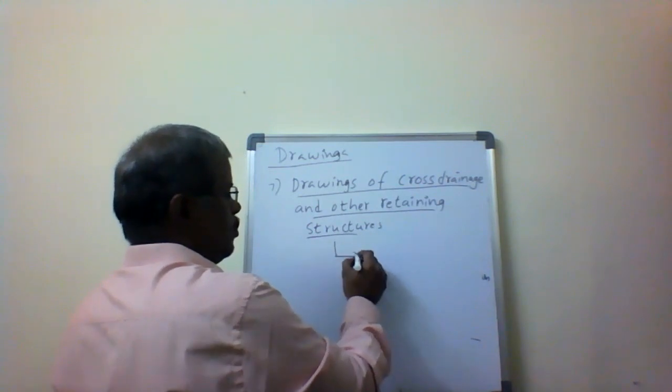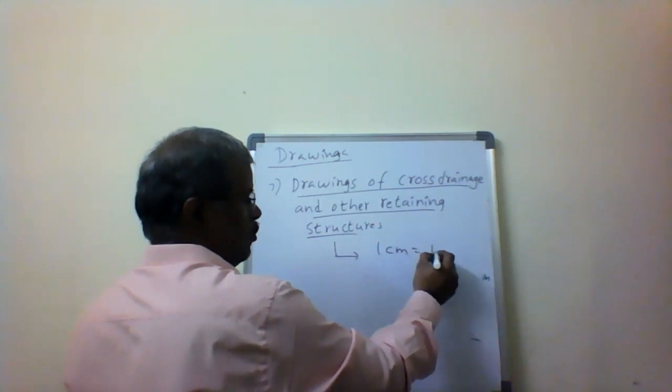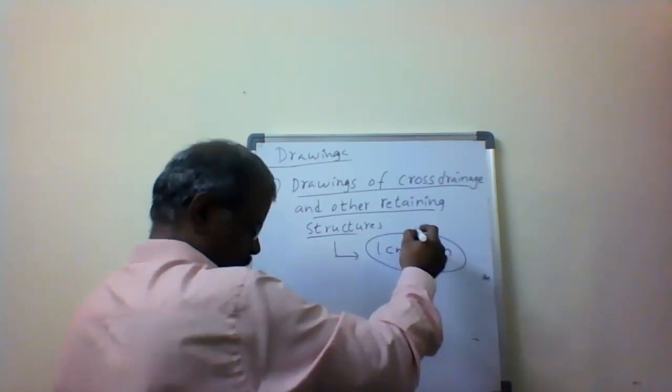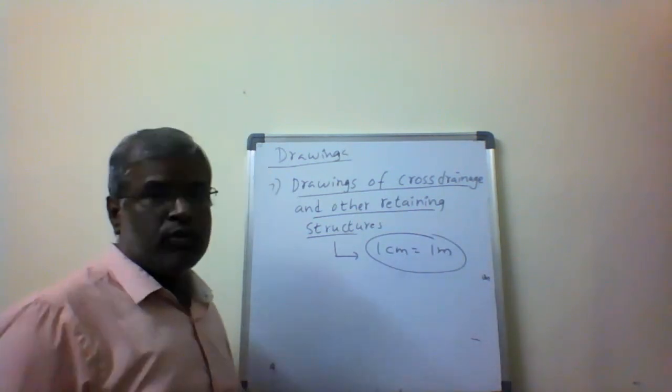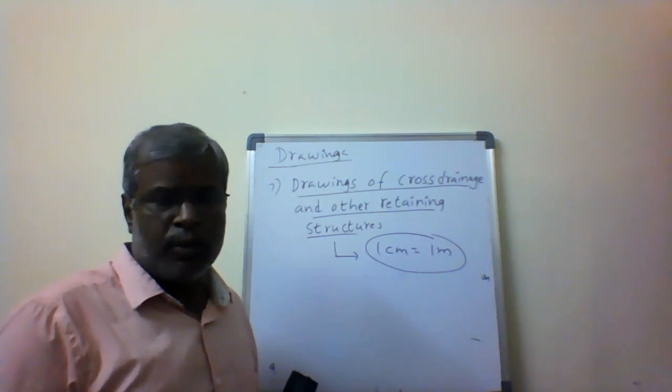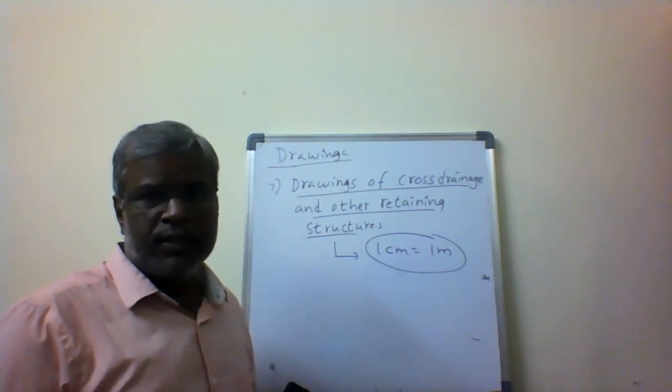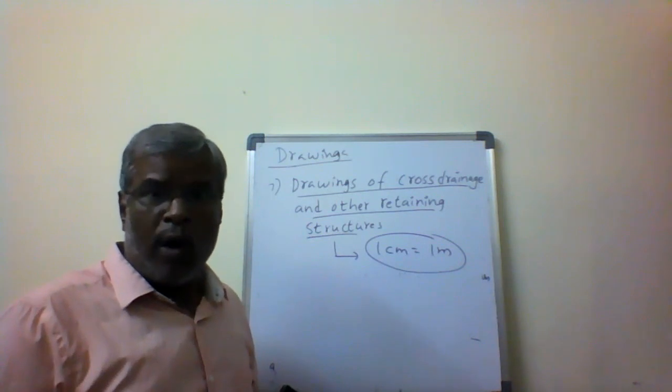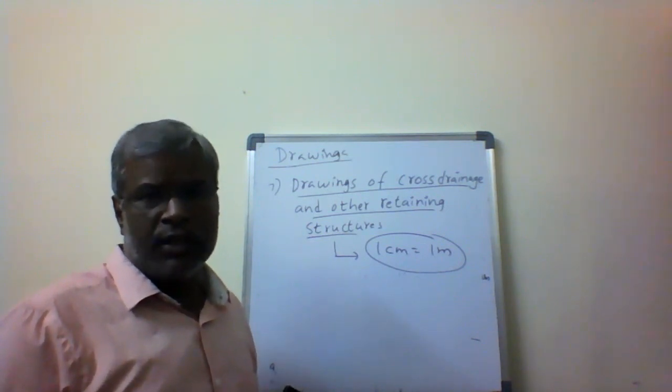Here the scale is 1 centimeter equals 1 meter. We prepare the plans of the drawings of the cross drainage and other retaining structures at 1 centimeter equal to 1 meter. What is meant by cross drainage and other retaining structures?